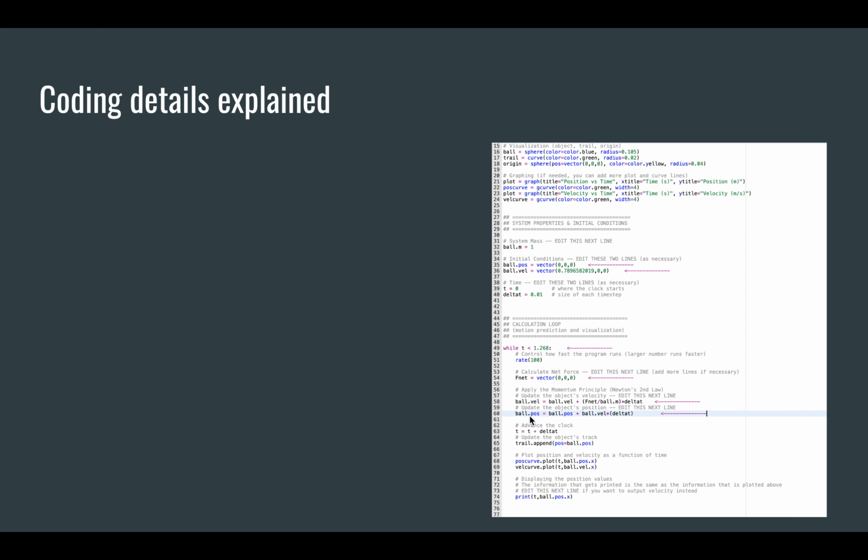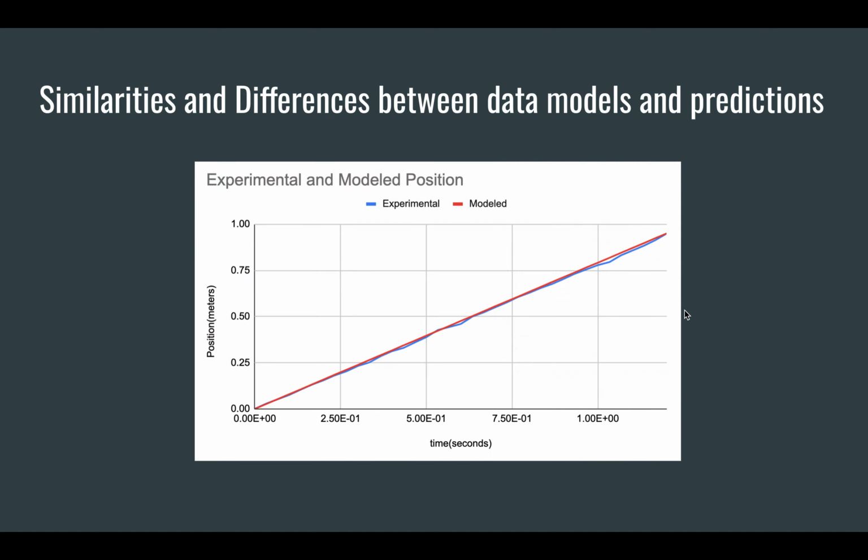Over here, ball.pos is equal to ball.pos initial plus ball.velocity times delta t. So in this while loop, the ball position is incremented over a period of time, and therefore the position versus time graph will be increasing, and there's a constant velocity.